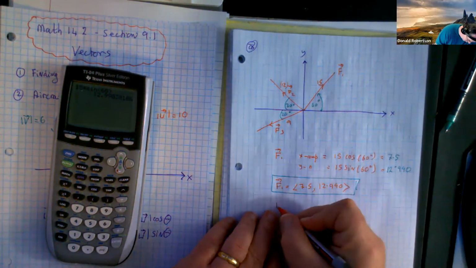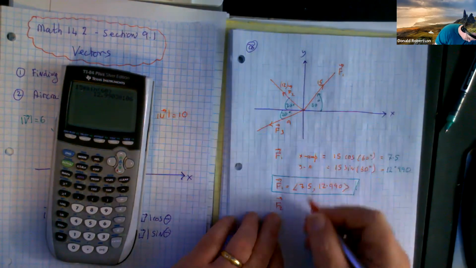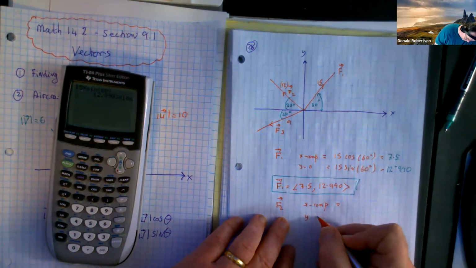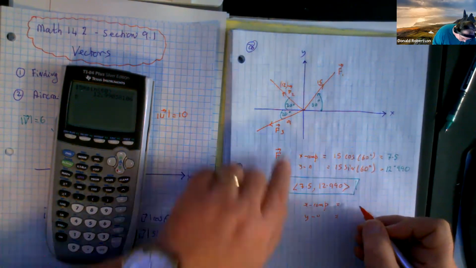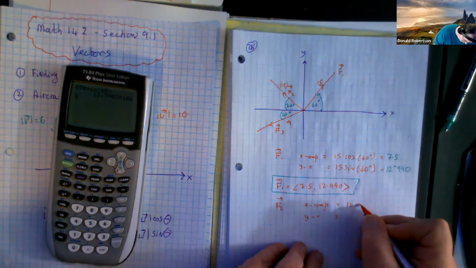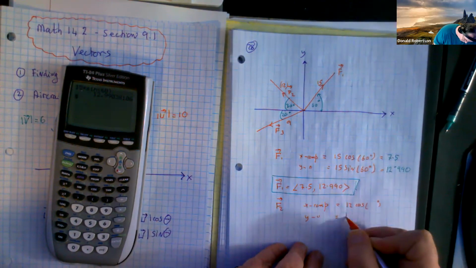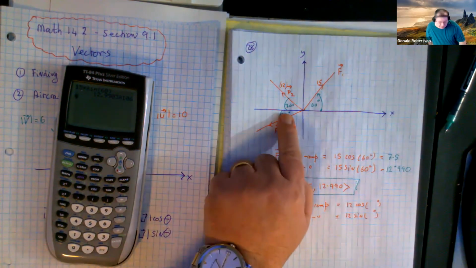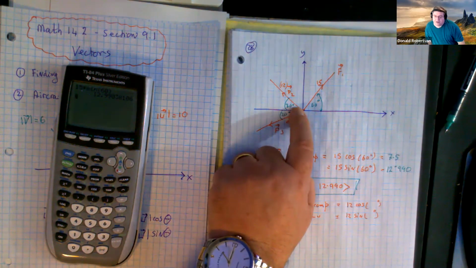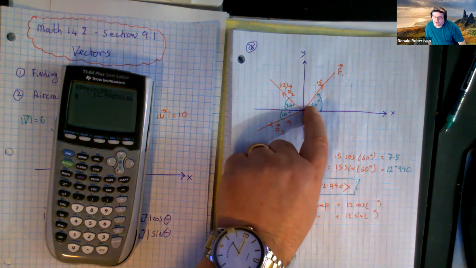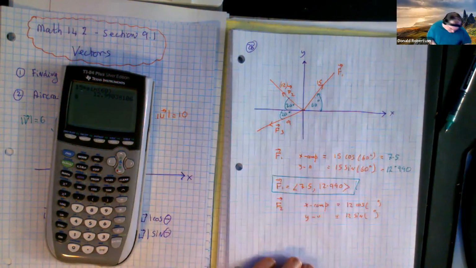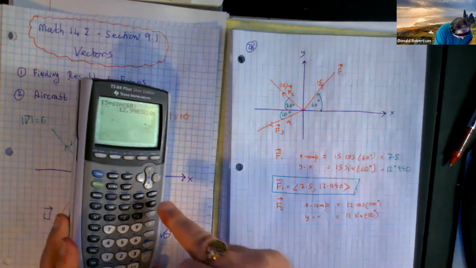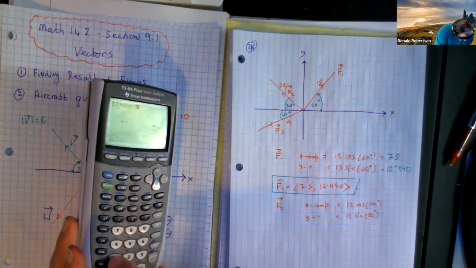I'm going to do the same with the other 2. So that's this one, X component and Y component. In this case, it's going to be 12 times the cosine of some angle and 12 times the sine of that angle. But we already did this one like 5 minutes ago. The angle we're going to use is not 30 degrees. Would you agree it's 150? So 12 times the cosine of 150.